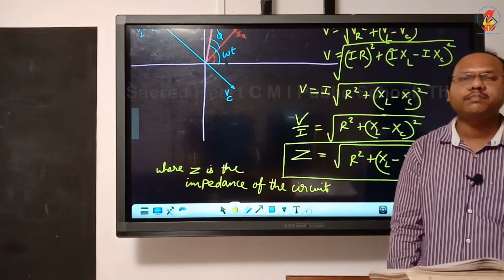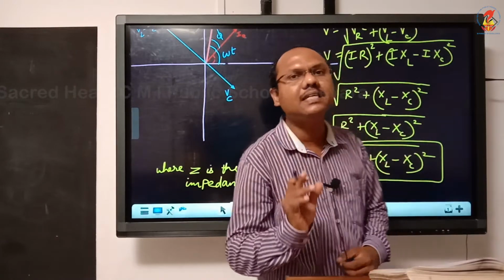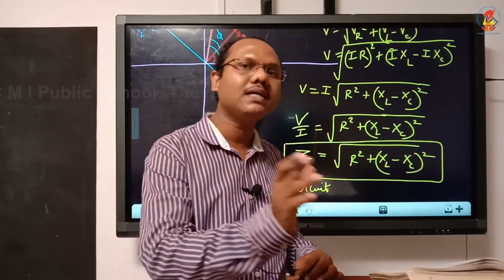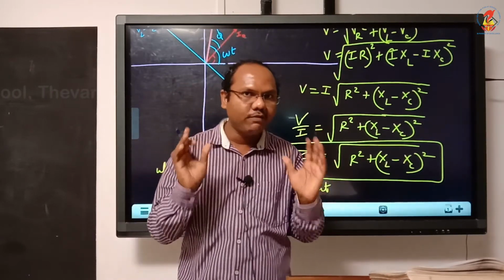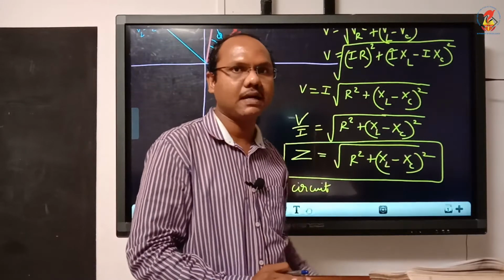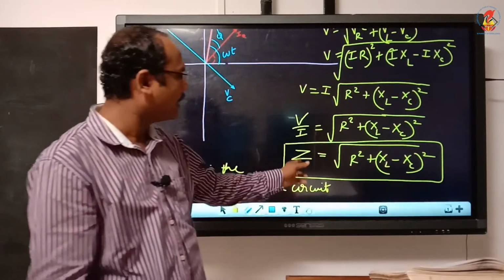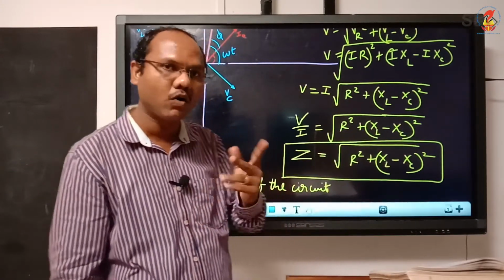So what is meant by impedance? Impedance means it is the effective opposition caused by all the components, that means inductor, capacitor and resistor, to the flow of AC. That is why impedance has this equation, R square plus (XL minus XC) whole square.